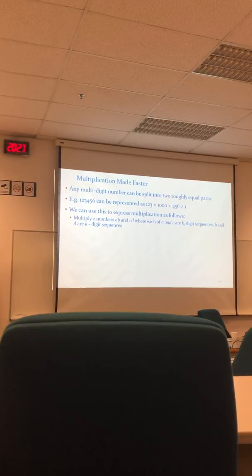In this case, we want to multiply these two numbers. The first one we cut into A, B, 2 parts. So in this case, this is A, and this is B. The other one we also cut into 2 parts, C, D.